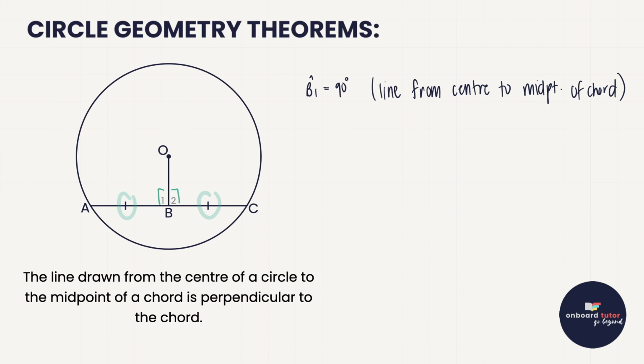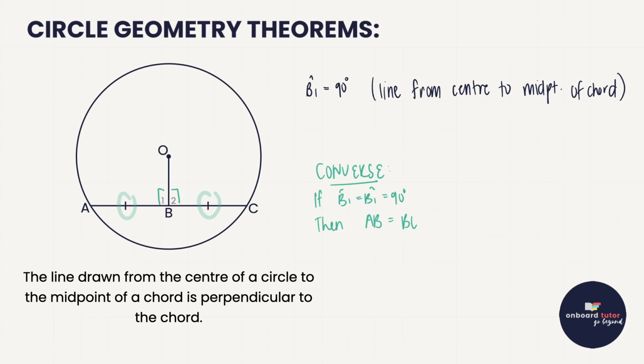So let's do that in green, just to say here the converse of this theorem. Converse is that if B1 equals B2 equals 90, then AB is equal to BC.